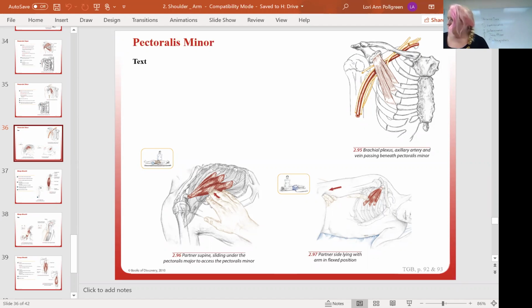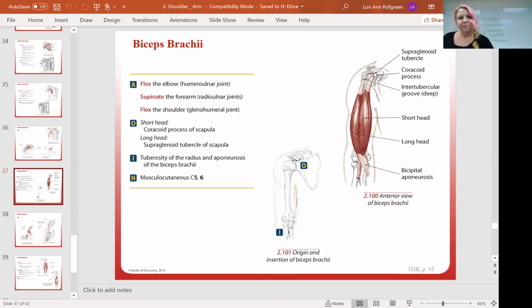We're going to jump over to biceps brachii on page 95. Our biceps brachii, or our biceps as we commonly call them, we know brachii from when we learned our body regions: that upper arm area. So that's why it is biceps brachii. I want you to highlight the biceps brachii lie superficially on the anterior arm.